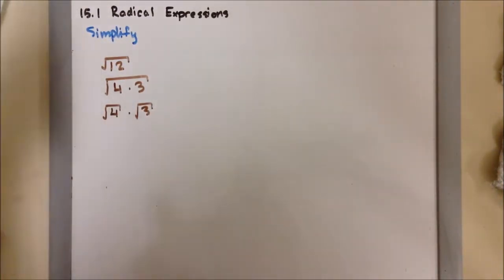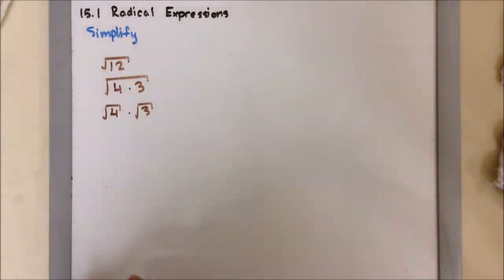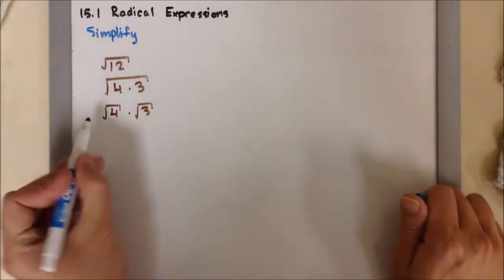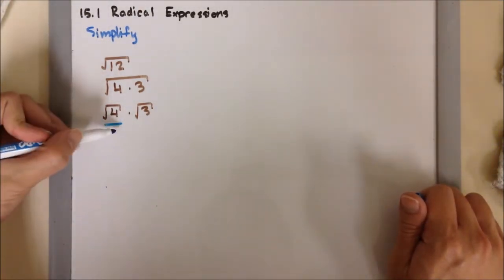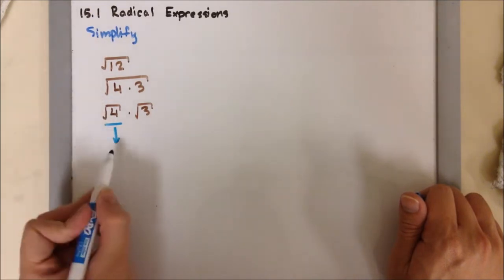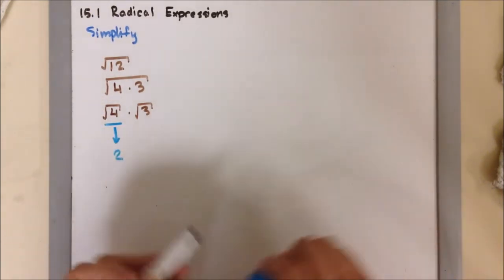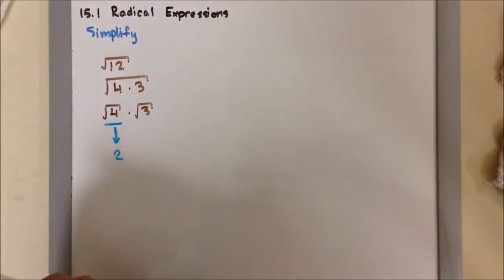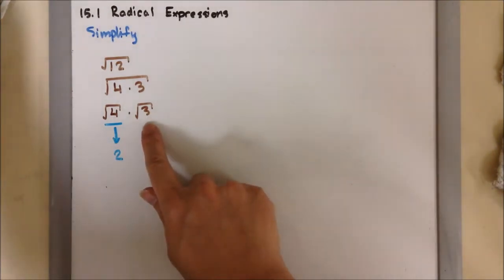Now, the reason we put the perfect square number first is because you can do the square root of the perfect square number, the 4. So the square root of 4 is just 2. And again, it's still multiplying by the square root of 3.